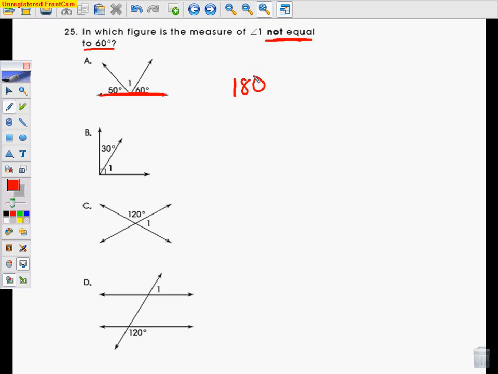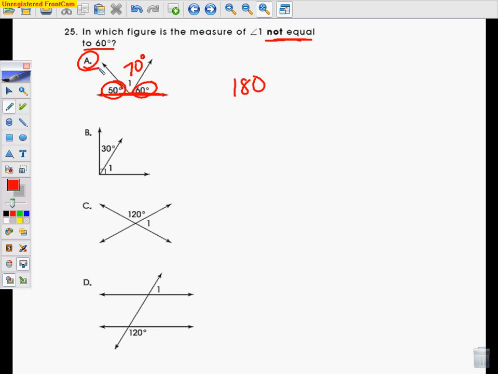So here you have 60 here and 50 here. So far you have a total of 110. Well, how many more do I need to get to 180? Well, I need 70. So that means angle 1 was 70 degrees. So it looks like so far that A would be the answer. But let's keep going and make sure that that's true.